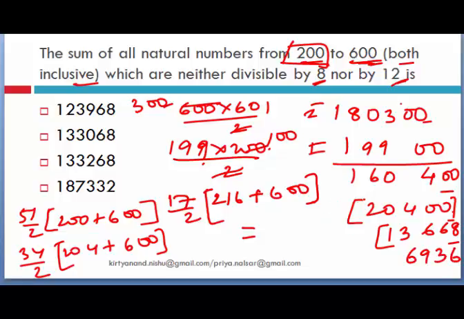Okay. So out of this number we have to subtract this and add this, because we subtracted this number twice, once here and once here. Okay, and then you will get your answer as 133268. That will be the right answer once you do that.